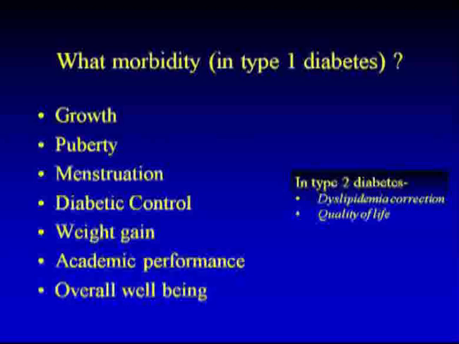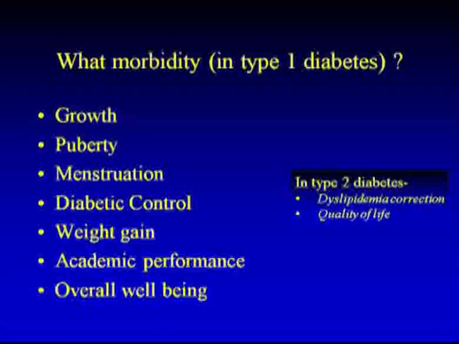If you diagnose and treat hypothyroidism in children and adolescents, they will have better growth, better puberty, menstruation on time, better glucose control, controlled weight gain, and better academic performance and overall well-being.